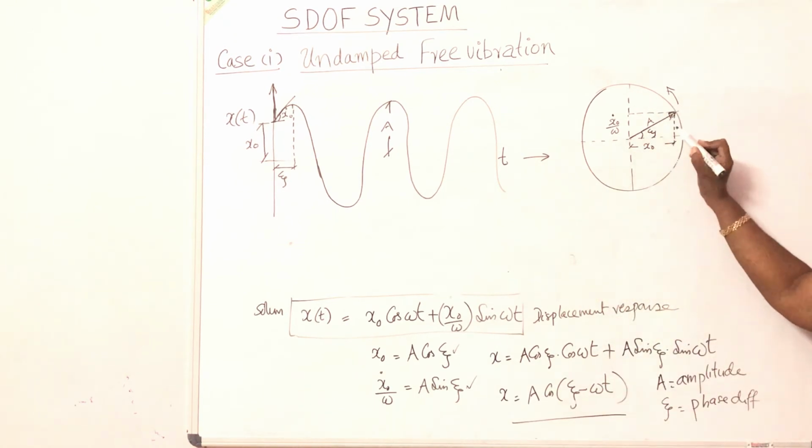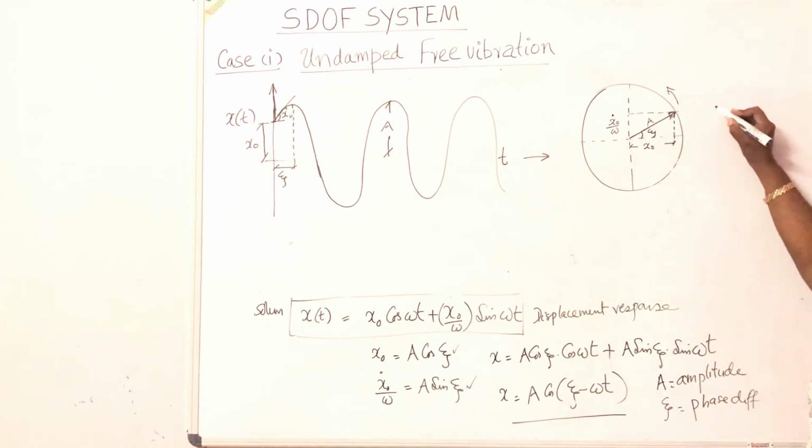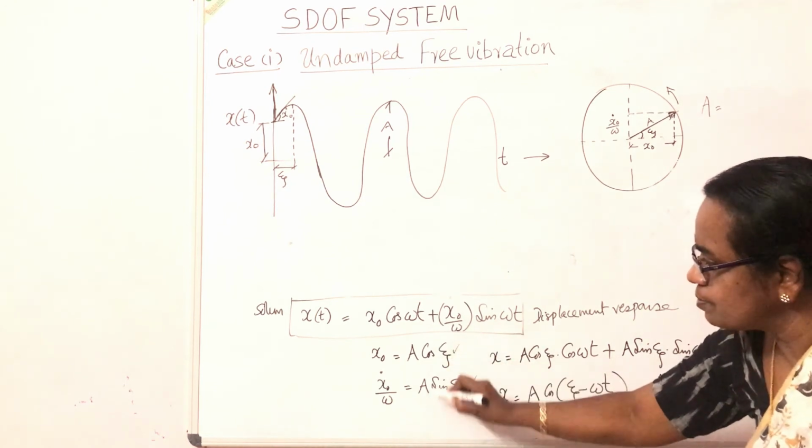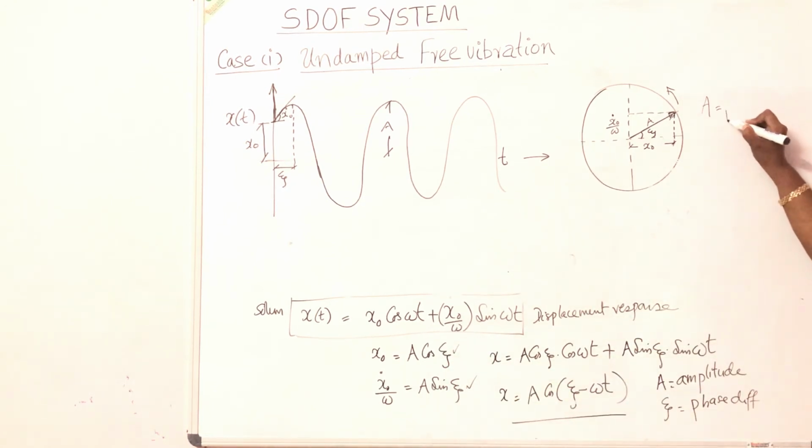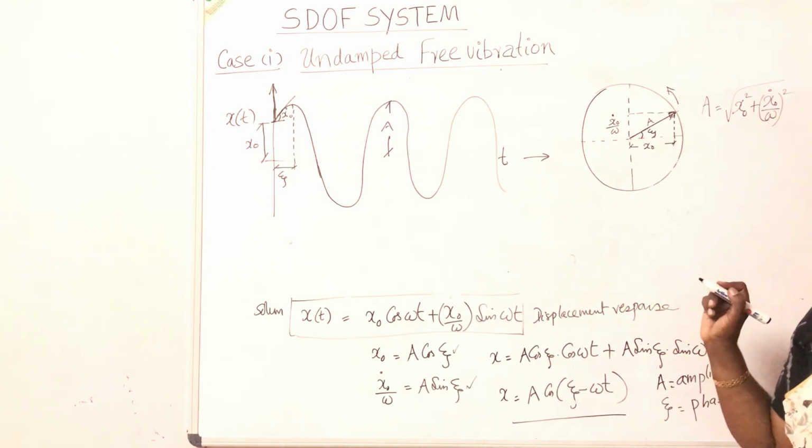From this we can get psi. And if you have to find the amplitude based on the initial displacement and initial velocity, squaring and adding these two, we get amplitude is equal to root of x0 square plus x0 dot by omega the whole square. This is sometimes required in solving numerical examples.